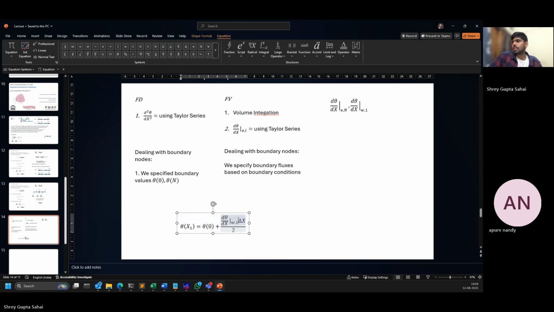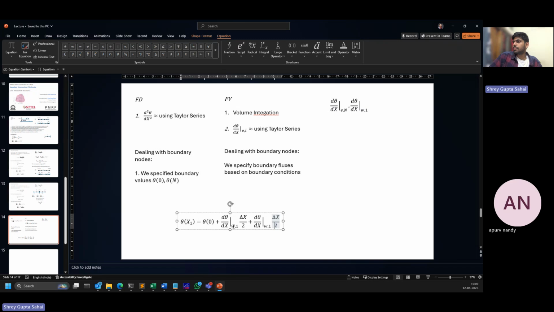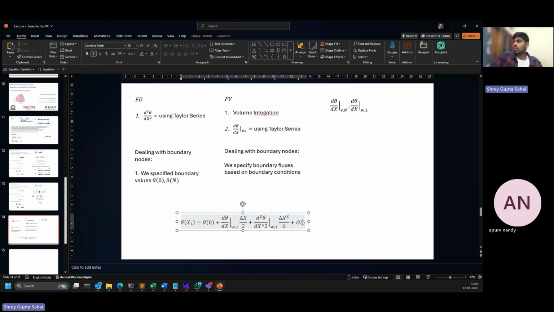Then we can also write the second term, which should be the double derivative. I could have directly written the entire thing. Are you taking theta 0 as the boundary value? Yes, because theta 0 is given to us. Now plus order of other terms which are cube in delta x. That makes sense, right?